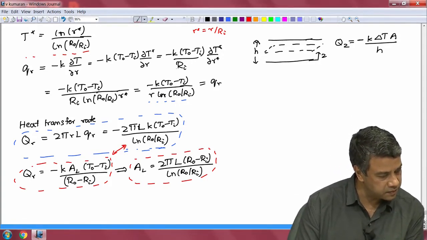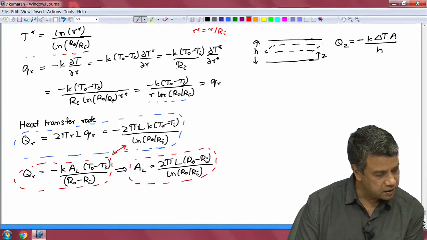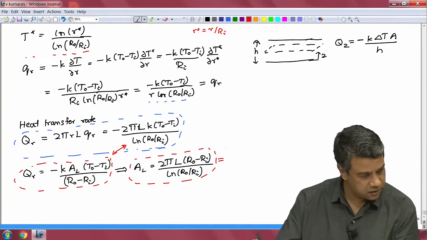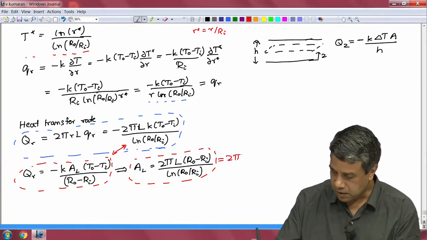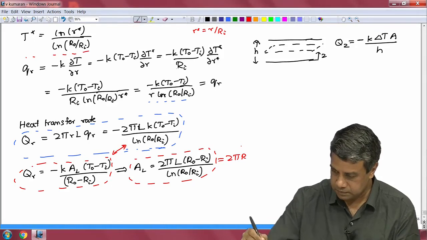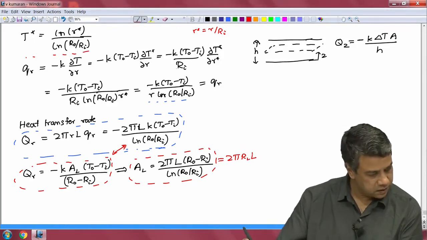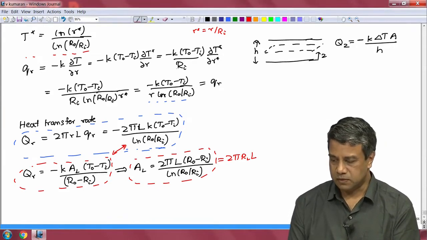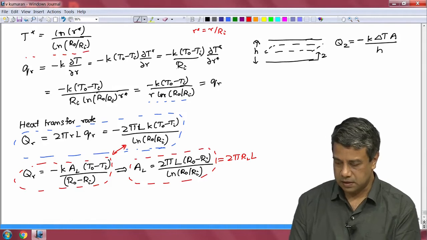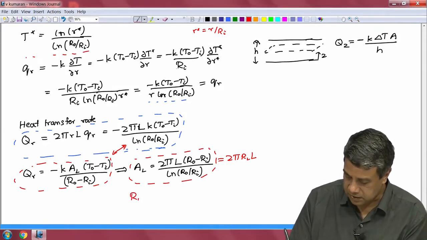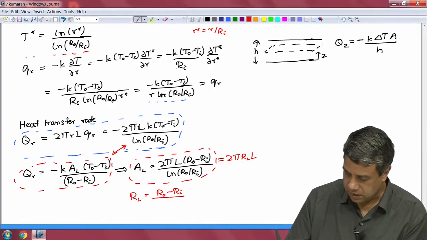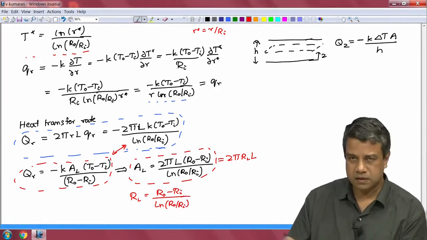The logarithmic mean radius is obtained by writing the area A L equal to 2 pi times R L times L, which gives an expression for the logarithmic radius as (R0 minus Ri) by ln of R0 by Ri. This is called the log mean radius.